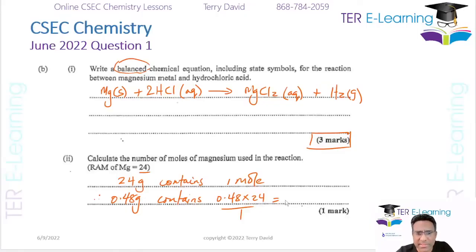Wait, that doesn't look right. Hold on. Yeah, that's because I'm writing craziness, right? It's 0.48 by 1 over 24, so 0.48 divided by 24. Yeah, so I'm getting 0.02 moles.